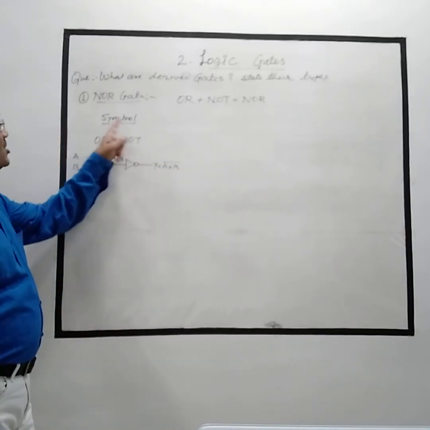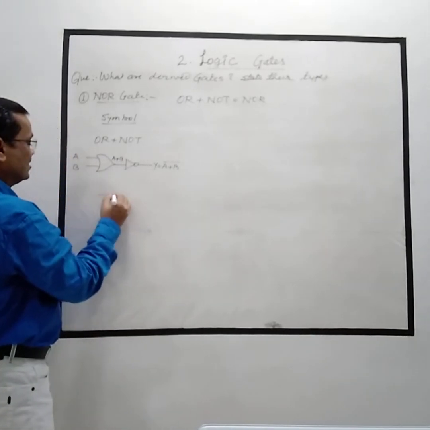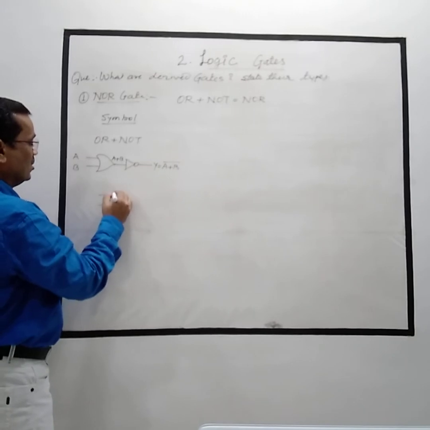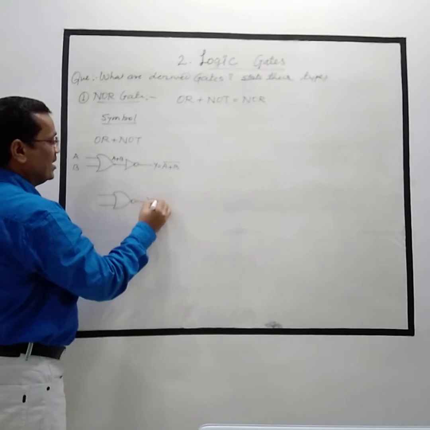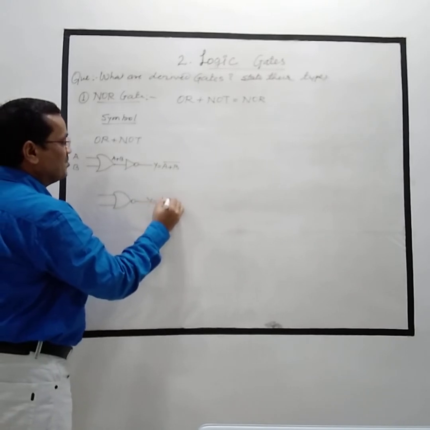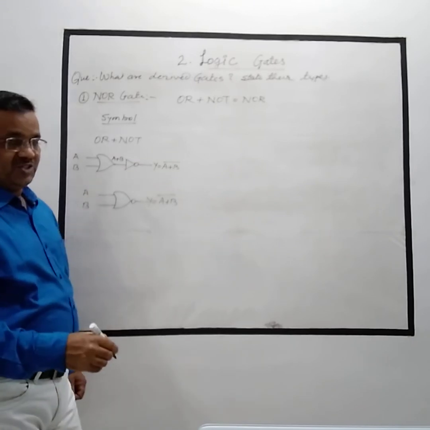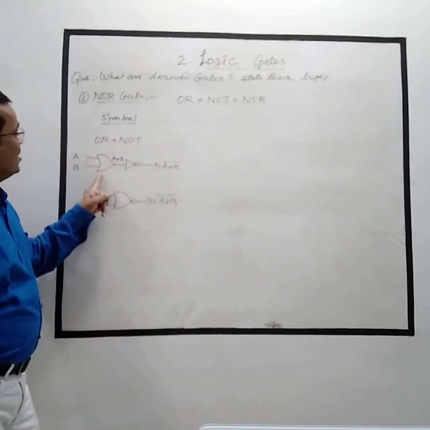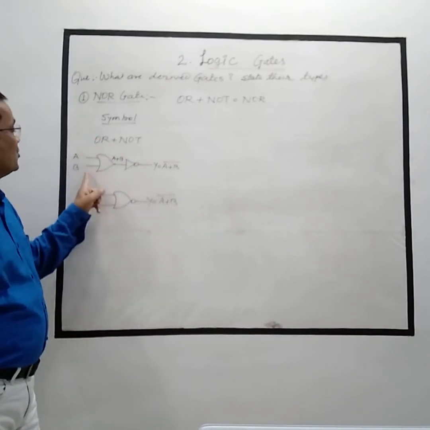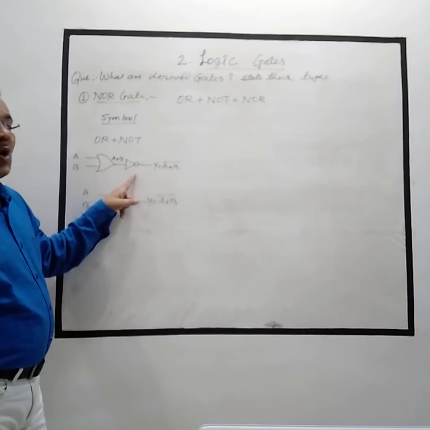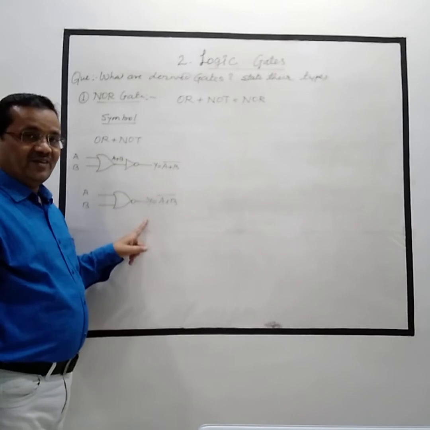Hence, the symbol of NOR gate will be like this: OR and inverted, that is Y is equal to (A plus B) complement. Here A and B are the two inputs. This is what it is according to definition. We can construct NOR gate using OR and NOT, and this is the symbol of NOR gate.